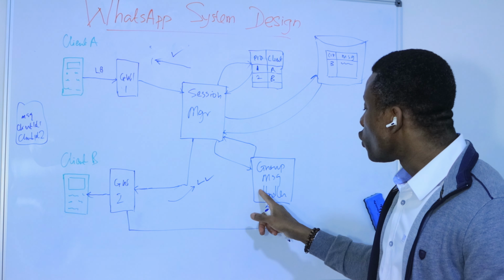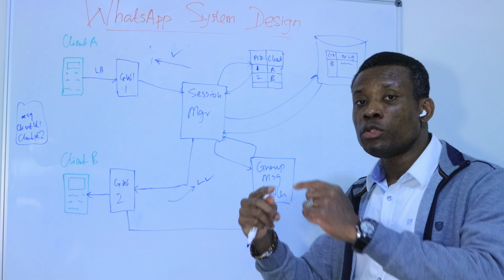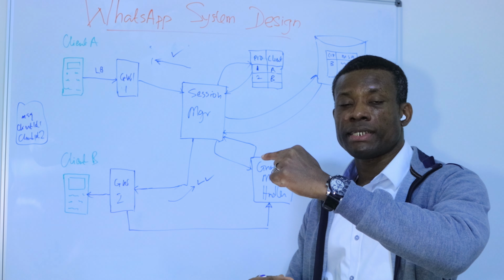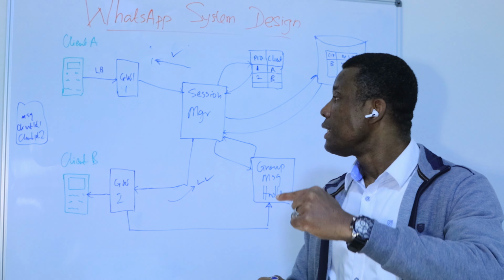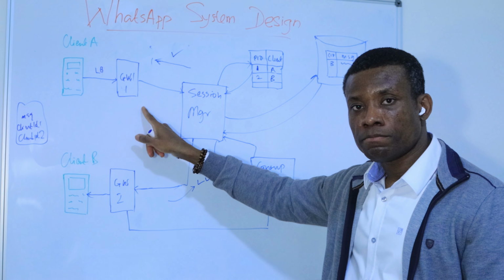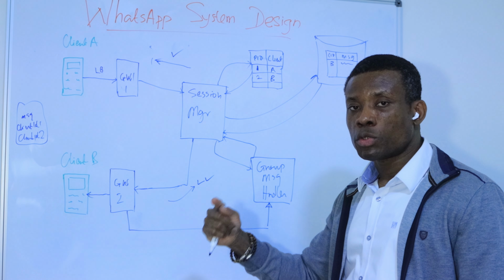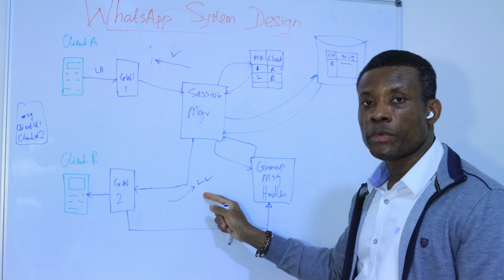Once a member sends a message, the group message handler is going to pick up the list of members of the group and trigger exactly the same process we have here. It's simply going to iterate over each member of the group and follow the same procedure to send the messages.